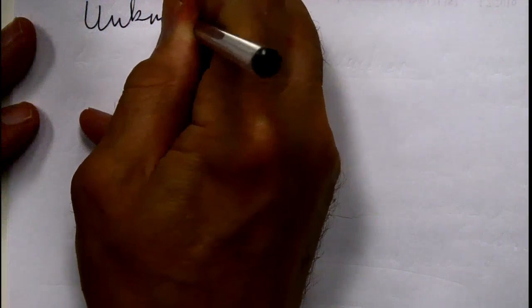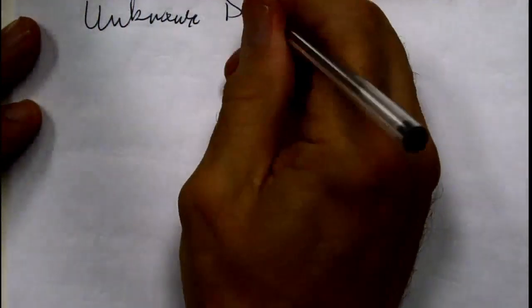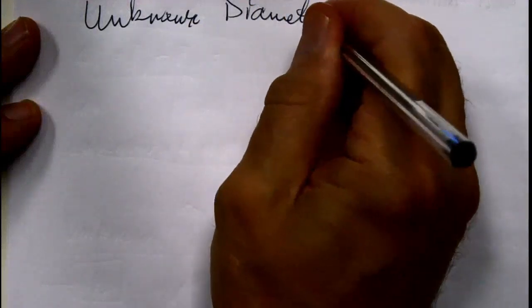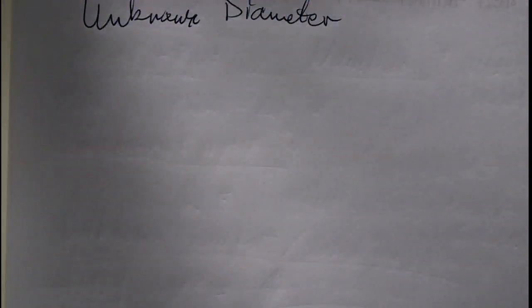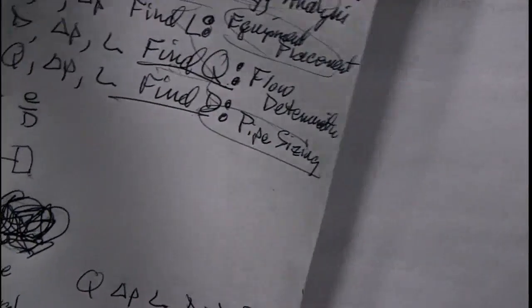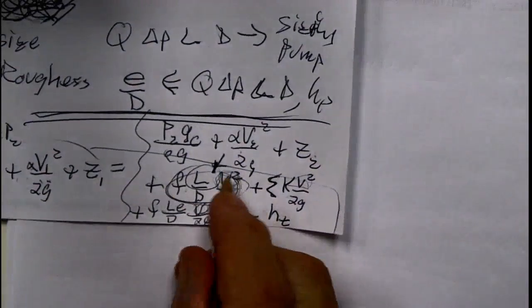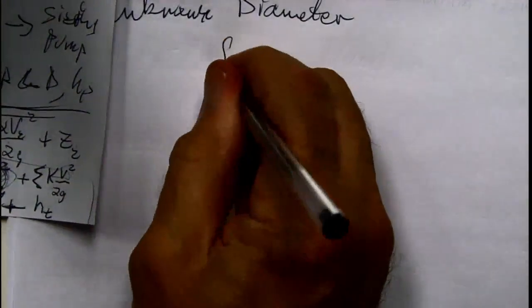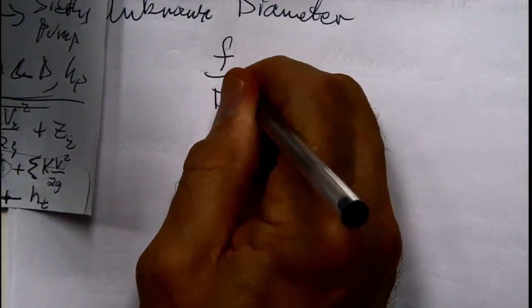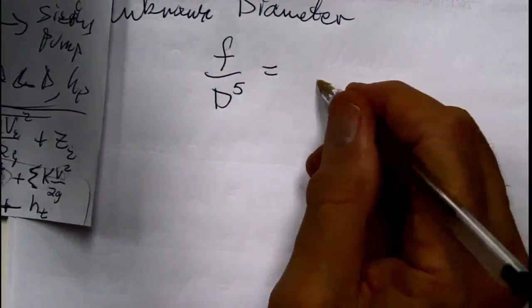And for unknown diameter, unknown D, the mechanical energy balance actually reduces down to F over D to the 5th equals some number here.